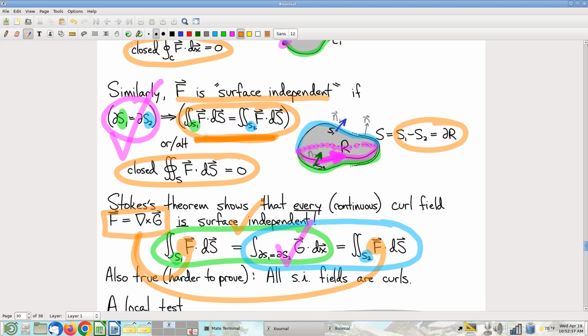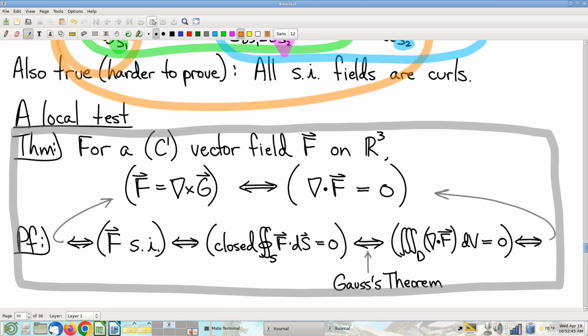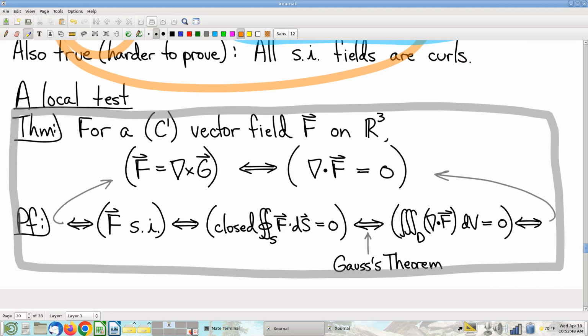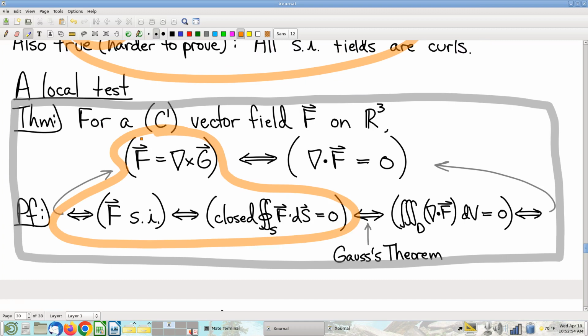Okay. So, another local test. We've talked through just now how being a curl means surface independent. I claim, by the way, vice versa. Again, that's much harder to prove. It's beyond the context of this class.